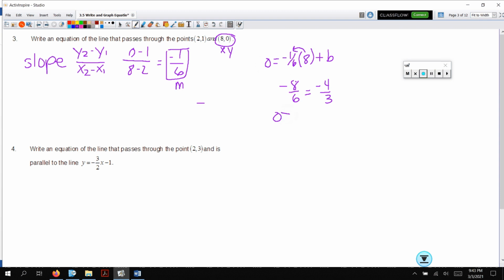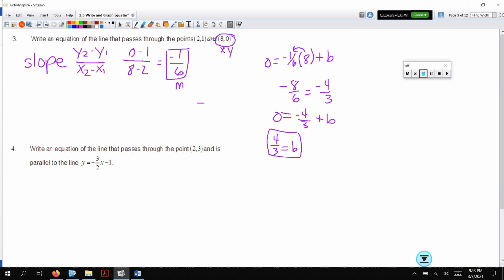So now I have 0 equals negative 4 over 3 plus b. I want to get b by itself, so I add 4/3 to both sides, and I get 4/3 equals b, or b equals 4/3. Doesn't matter how you say it, it's the same.